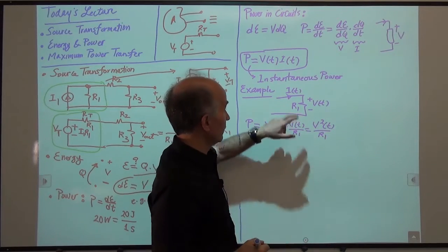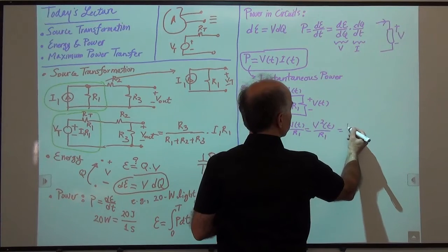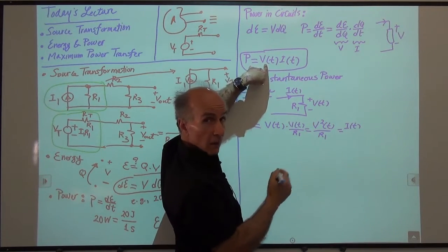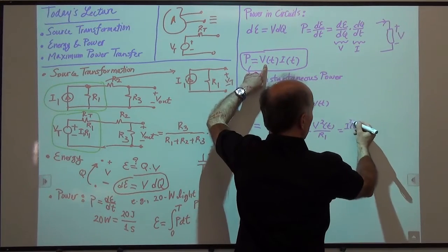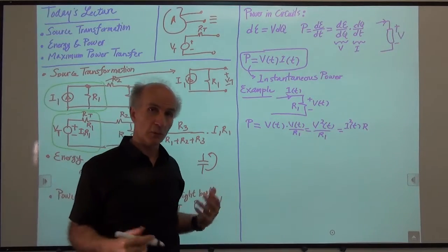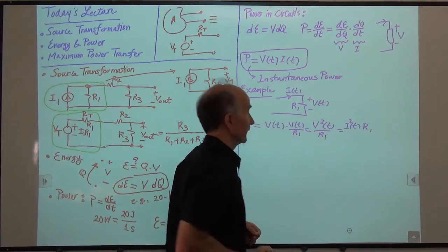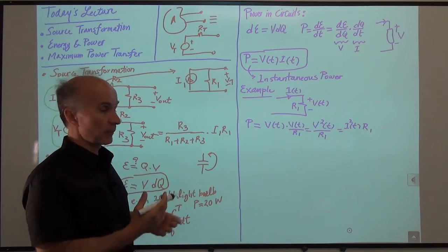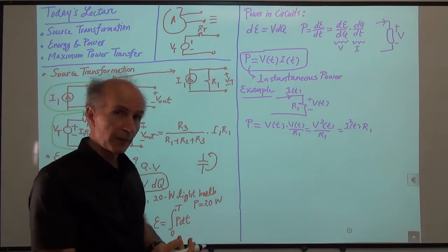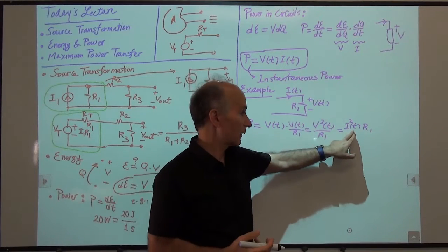Or I can replace for V, so I can say it's I of t times, and V is what? V is IR, so I squared times R. So those are both valid equations. You can use whichever you want, V squared over R or I squared times R, right? Those are very simple equations that we have for the power consumed by a resistor if it has a voltage of V across it, or if it has a current of I through it.